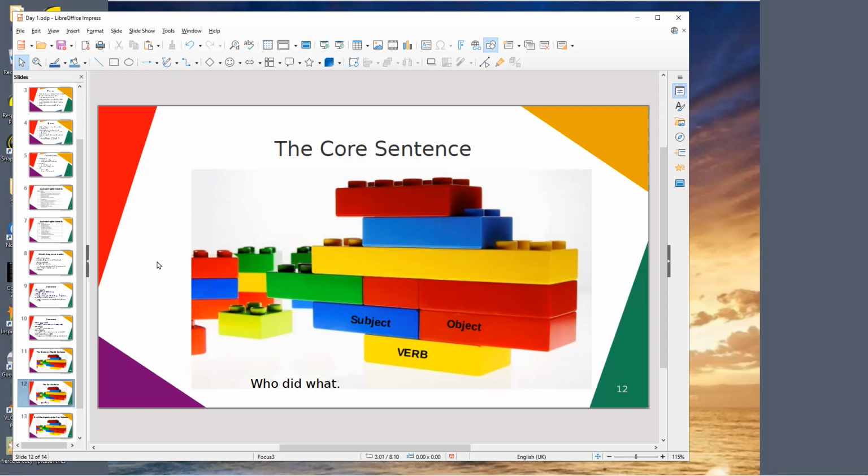There's a reason that the verb is at the very bottom of this stack. Did you know that you can write a sentence with one word in English? Can you think of a one-word sentence in English?